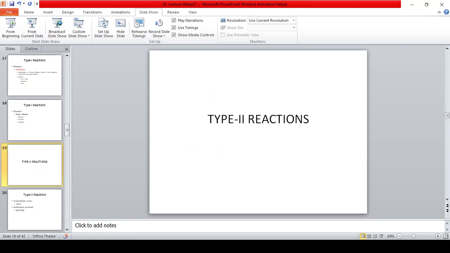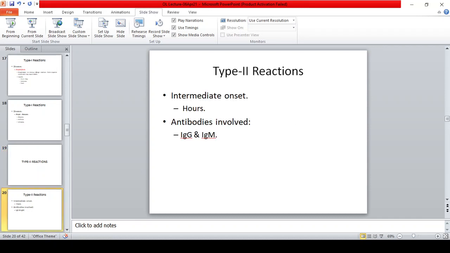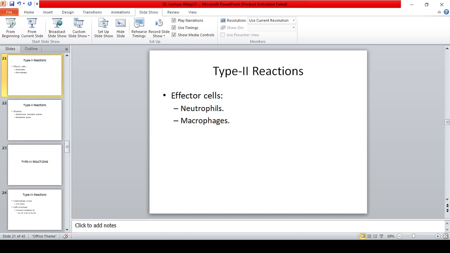Let's move on to the type 2 reactions. The type 2 reactions are intermediate in onset, take hours to develop. Antibodies involved in these reactions are IgG and IgM. Effector cells are the neutrophils and the macrophages.